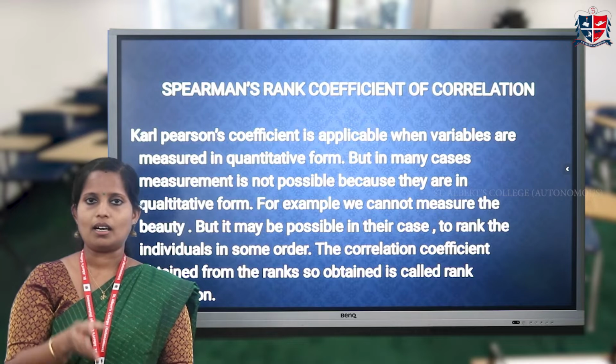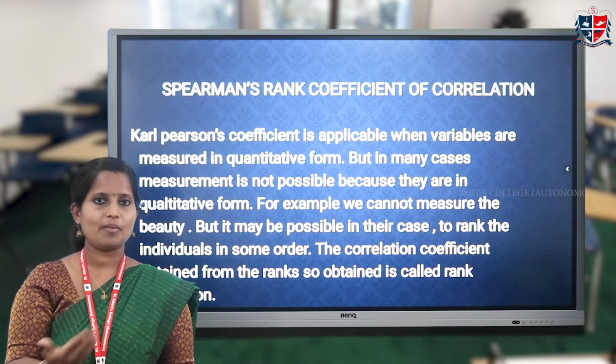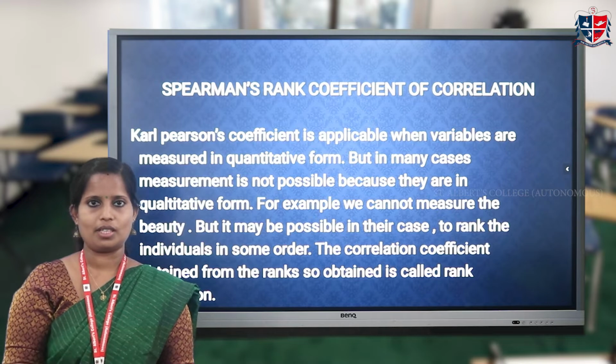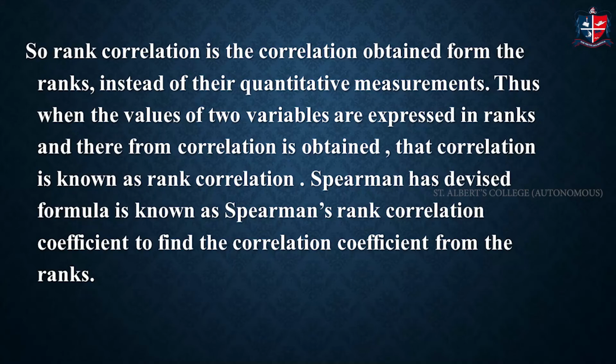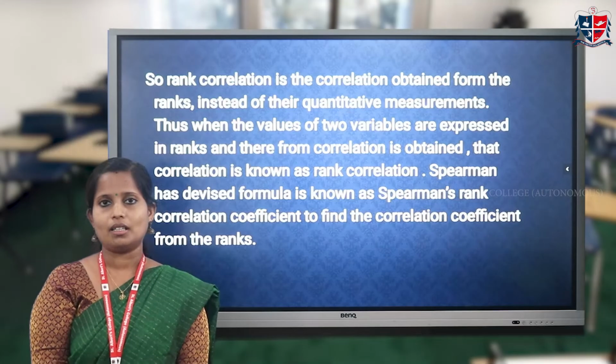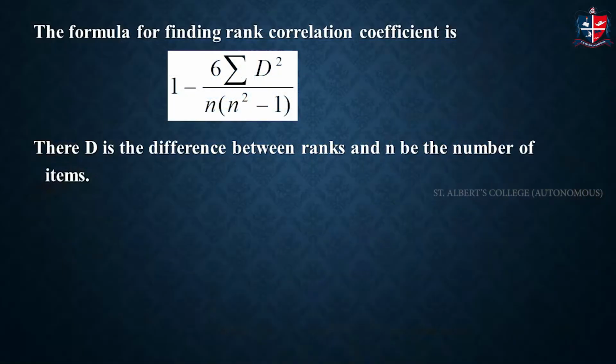If you can rank the qualitative data based on some criteria, then you can find the rank correlation coefficient. That is the essence of Spearman's rank correlation coefficient. It is obtained from the ranks of the qualitative data, not from quantitative measurements.